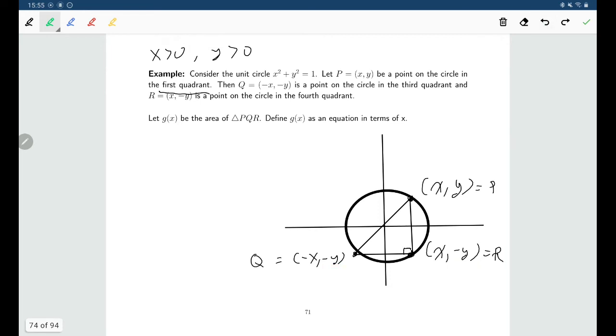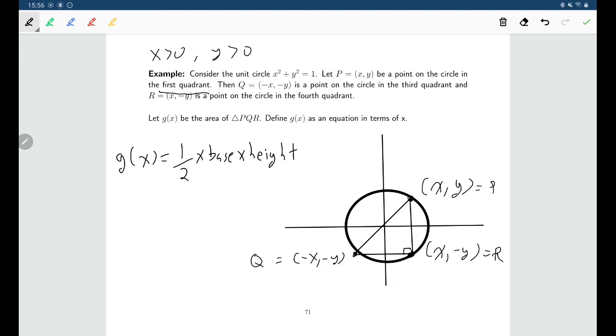And so the last part about this is g of x is going to be the area of this triangle. Here we'll need to flash back and remind ourselves that for the area of a triangle, it should be half of the base times the height. That's our formula for area of a triangle.